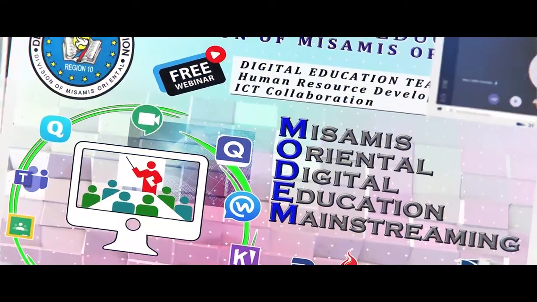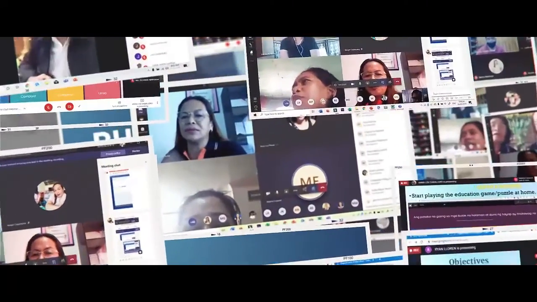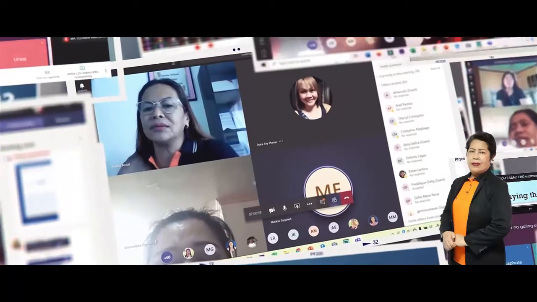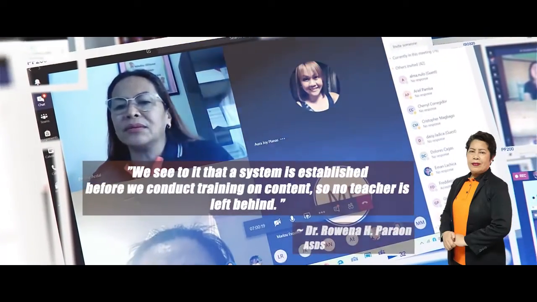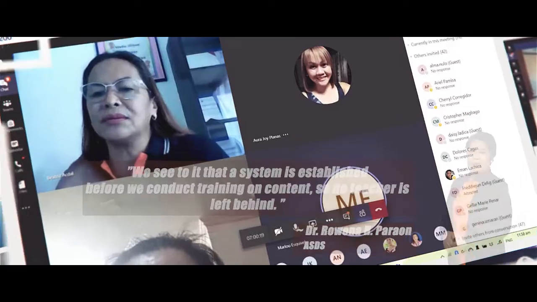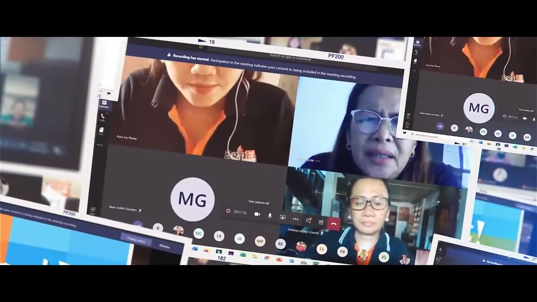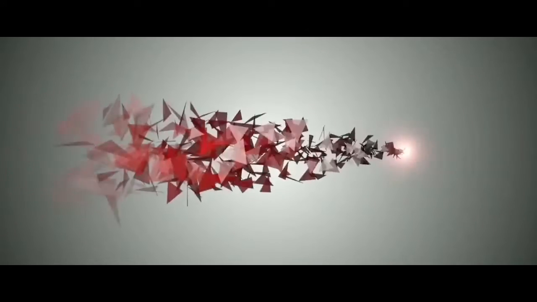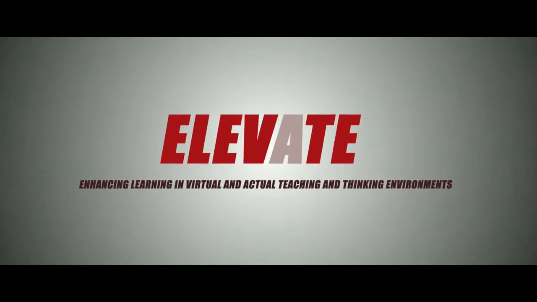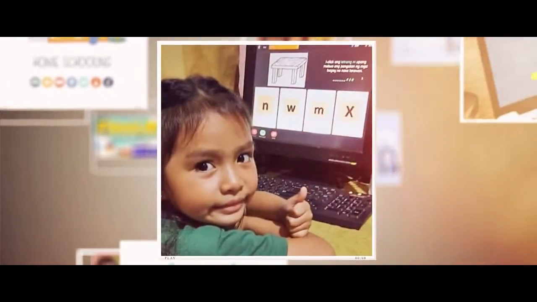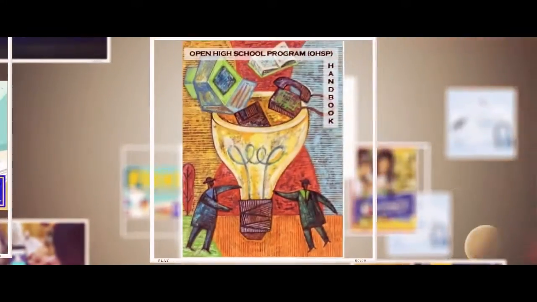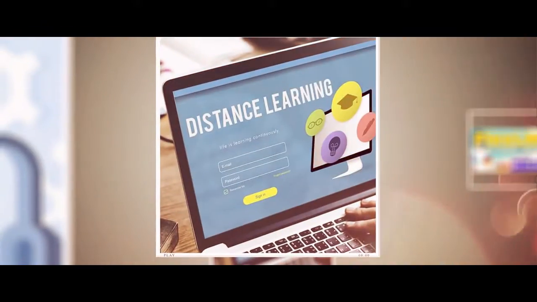Now, almost 100% of the districts has established the ICT network, which facilitated the delivery of training and other initiatives to now almost 100% of our teachers. As teachers, we need to make ourselves relevant by adopting techniques that facilitate learning in the new normal. All these are covered under Elevate. This is to ensure that methodologies used in teaching and learning are varied, learner-centered, and multimodal.